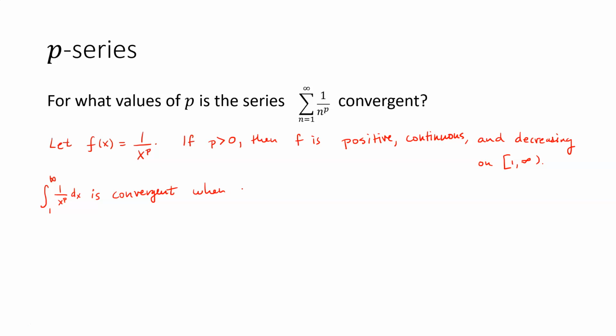when p is greater than 1 and divergent when p is less than or equal to 1. Therefore, by the integral test, the same holds true for the p-series 1 over n to the p.